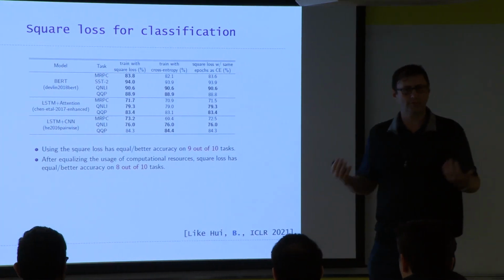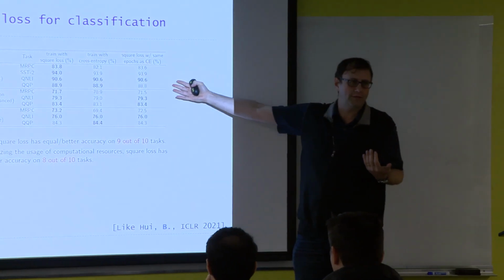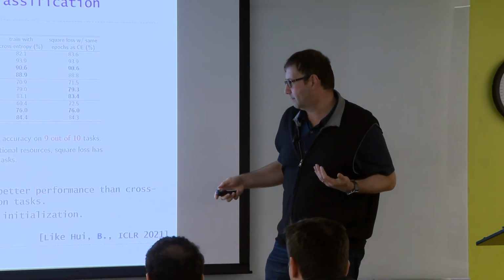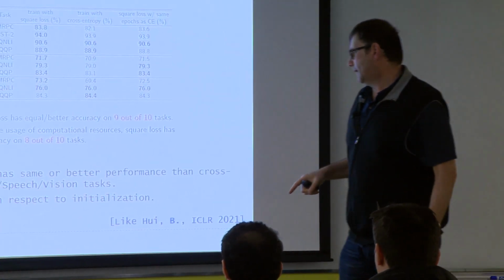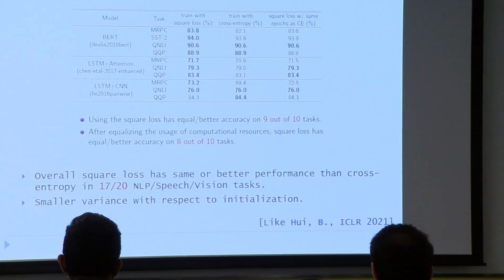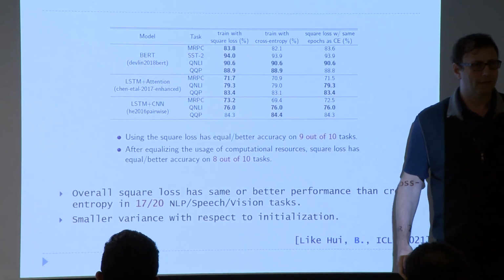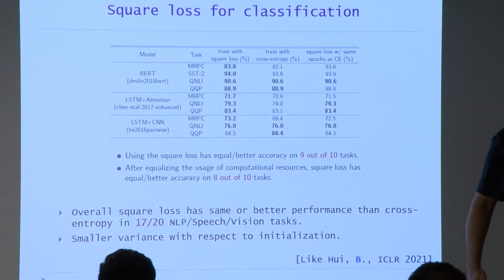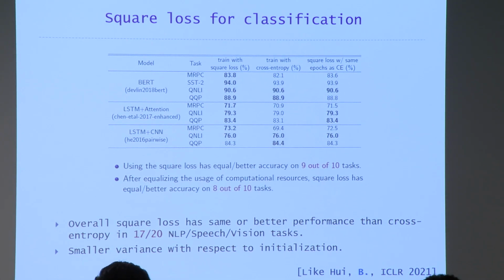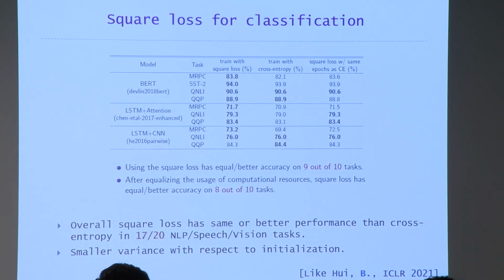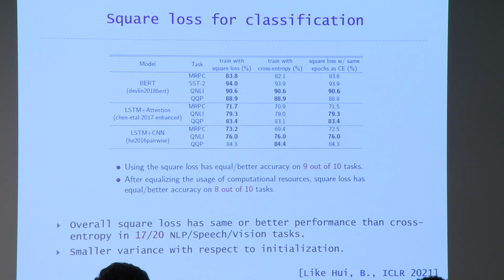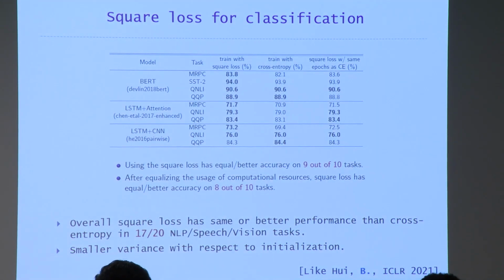It's not really true. You can use square loss for classification. And in fact, we did 20 different experiments, and in 17 of them, square loss was as good or better. So at the very least, it's very, very comparable. So classification or regression, you can always use square loss.